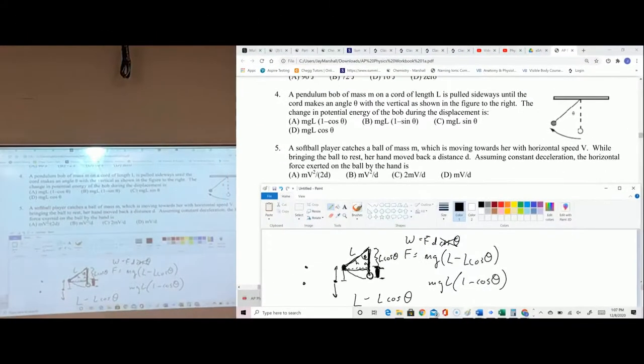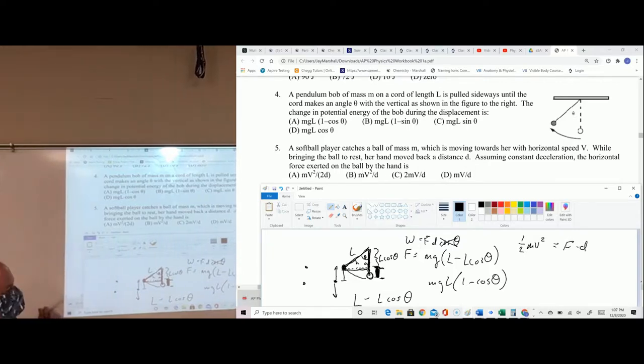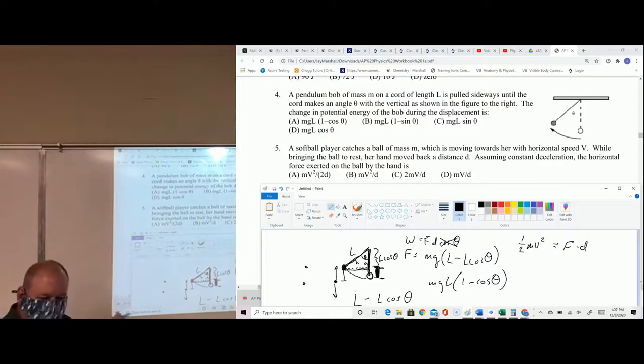So work energy reminds us that 1/2 mv squared equals force times distance. This is a work energy approach. We have two different ways we can do things with these problems.